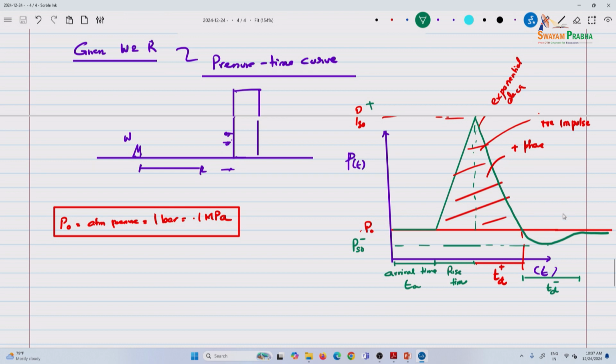So this is the negative phase, and this is the negative impulse. Impulse is nothing but the area under the pressure time curve, right?